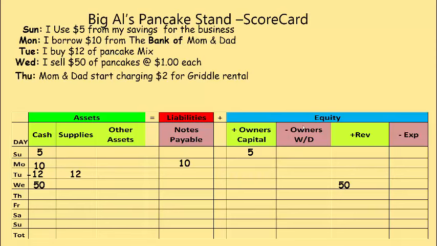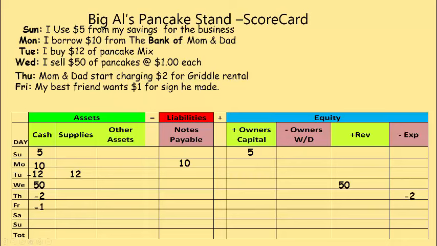On Thursday, mom and dad start charging $2 for griddle rental. So $2 in cash goes down, the asset side goes down by $2, and owner's equity goes down by $2 under the expense column. Next, Friday, my best friend wants $1 for the sign that he made.